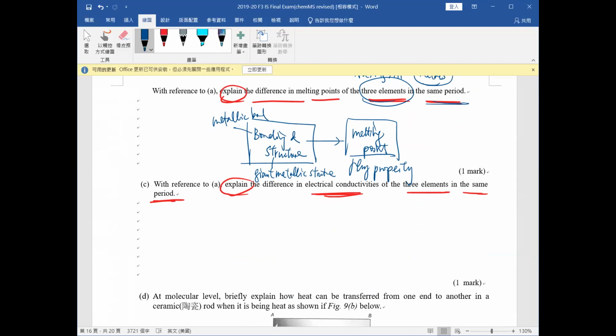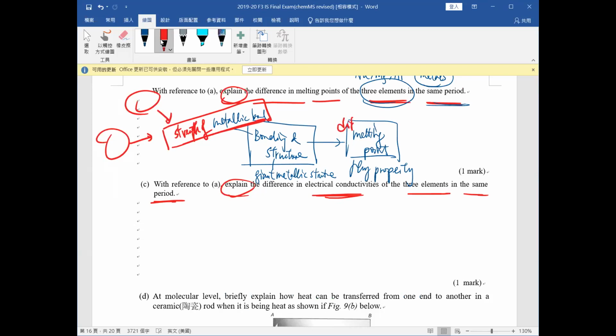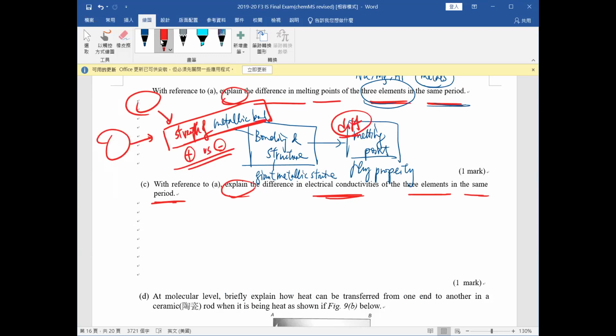The type of bonding is the same, but something is different, which is what? Yes, the strength of metallic bond is different. So this question will ask for the factors affecting the strength of metallic bond, which will make the melting point different. Okay, so once again, something about plus and minus. Can you get my point?